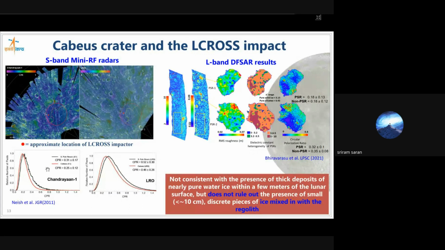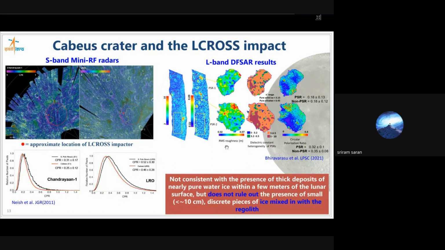And you can see from the curves on the bottom left that there is practically no difference between these shadowed regions and non-shadowed regions in both Chandrayaan-1 and LRO. And the CPR values are typically less than 0.5, indicating that the surface is very degraded and there is no such presence of ice, at least that can be detected by radar.